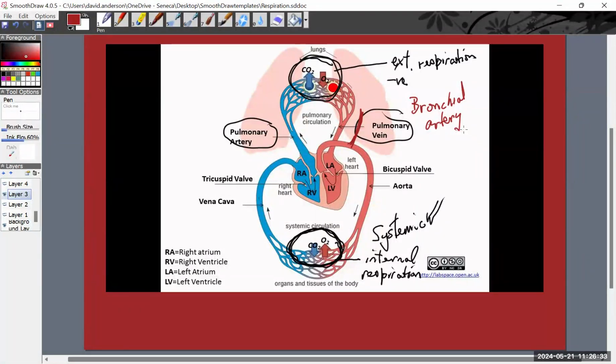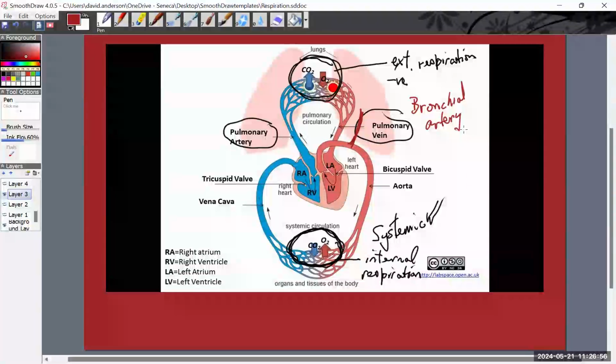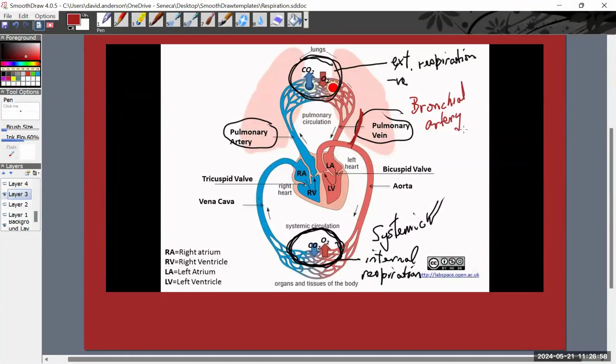So when we talk about the lungs and their blood supply from the pulmonary circulation, they're receiving deoxygenated blood from the pulmonary arteries in order to oxygenate it and deliver it back to the left heart through pulmonary veins. That's pulmonary circulation. The systemic circulation is about delivering oxygenated blood to all the cells and the tissues in the body, including the cells and tissues of the lungs.